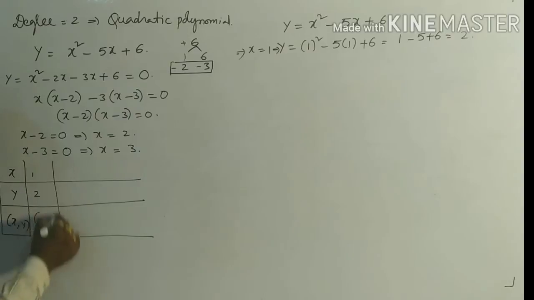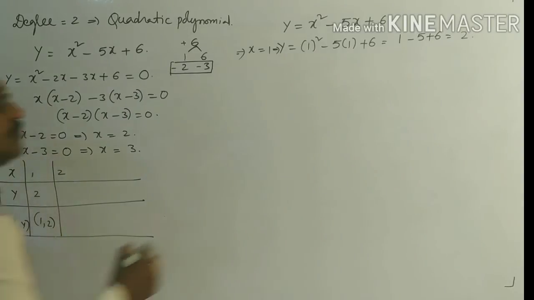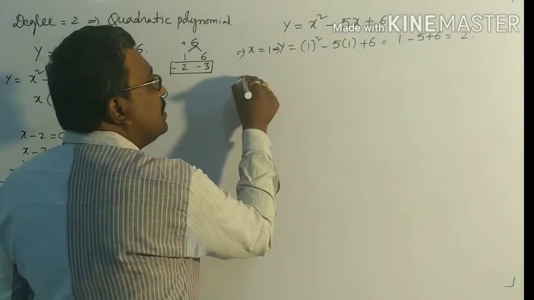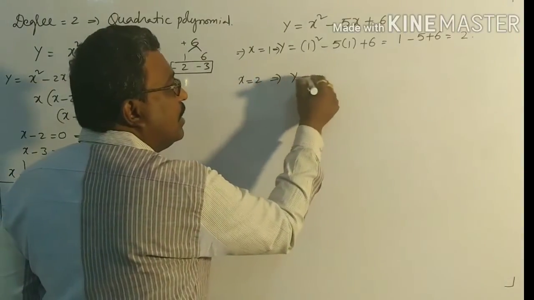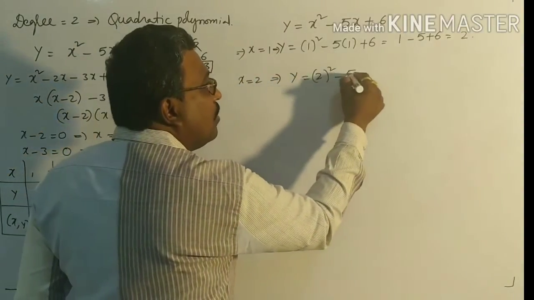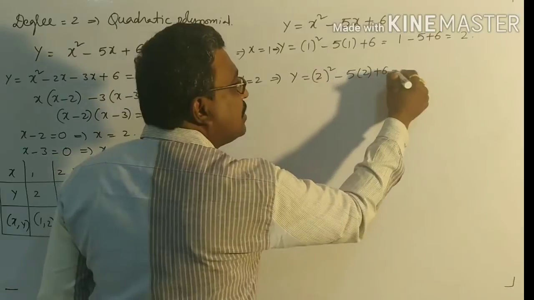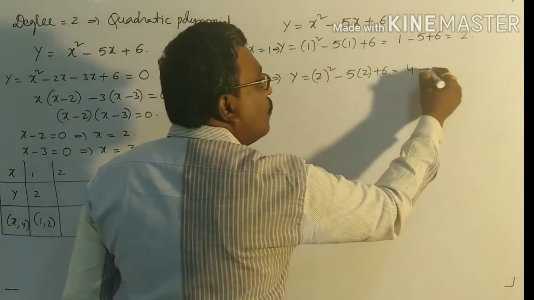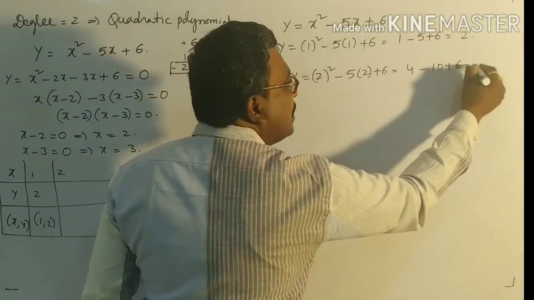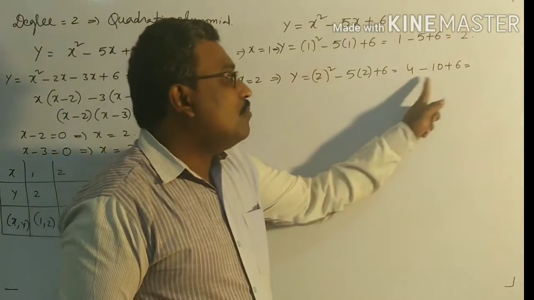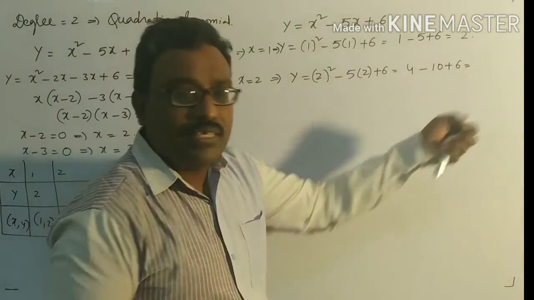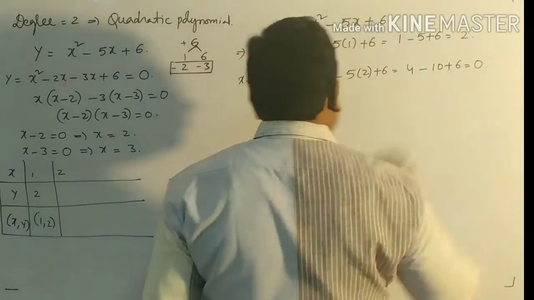I am taking x is equal to 2. Then y is equal to 2 square minus 5 into 2 plus 6. 2 square is 4, minus 10 plus 6. Now 4 minus 10 minus 6 plus 6 will become 0.